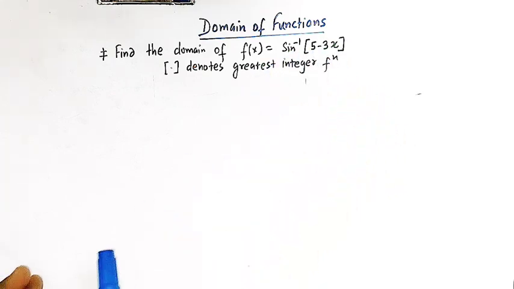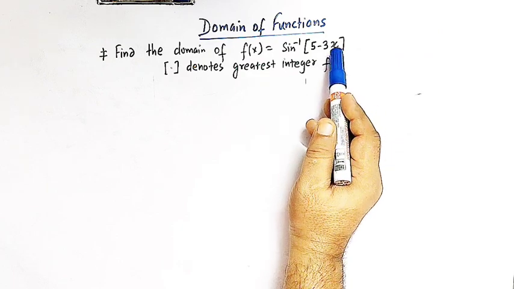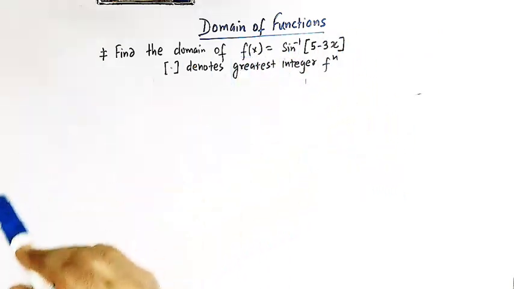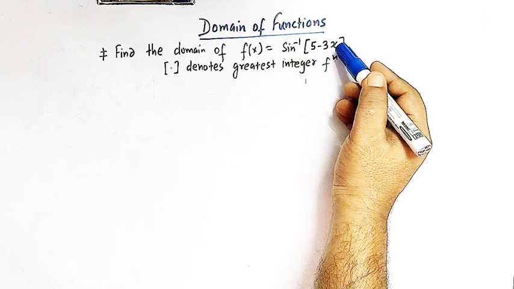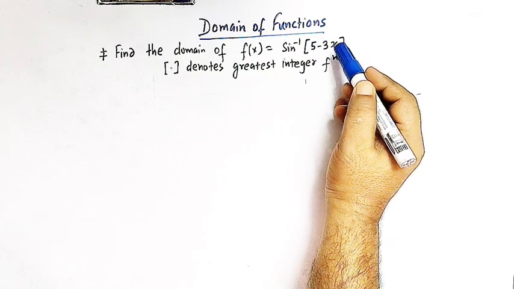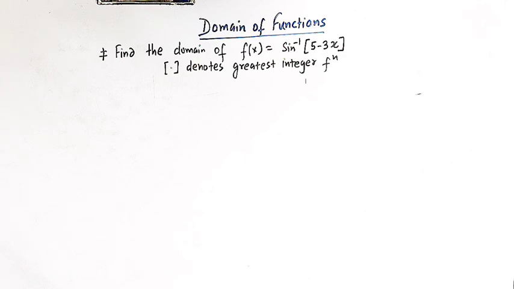So here we have the combination of inverse trigonometric function and greatest integer function, and we have to find all the valid values of x for which this function is defined, because the domain of functions implies that we have to search for all those values of x for which the function f of x is defined, right? So let us see how easily we can find out the domain of this function.